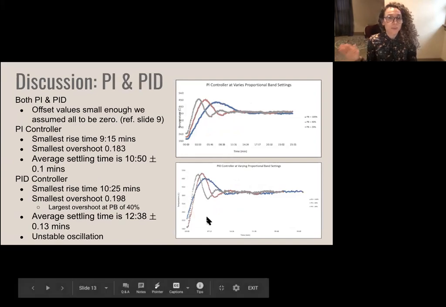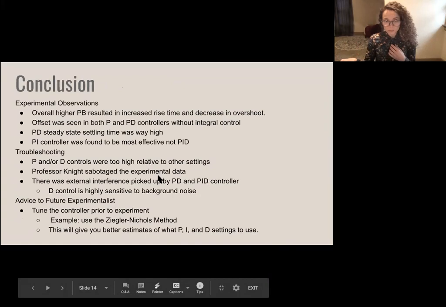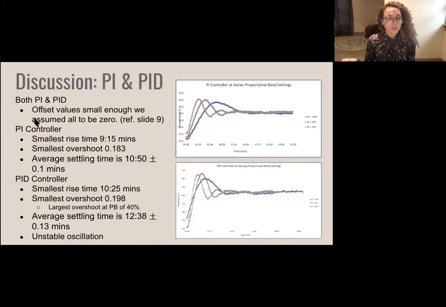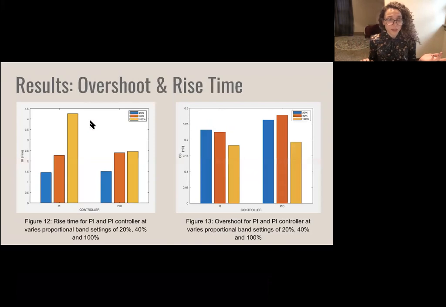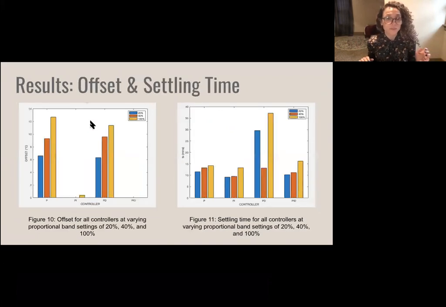So on to the PI and PID. So here our offset values were small enough where we assumed them to be 0. And I'll refer back to slide 9 right here. So this is the offsets. So here you can see they were barely offset from the set point.